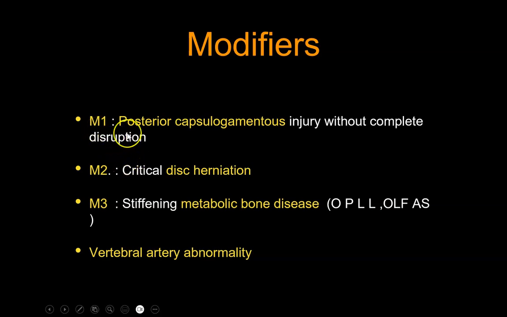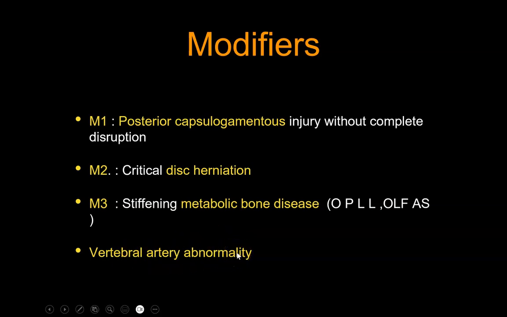If it is associated with critical disc herniation, it is M2. If it is associated with stiffening, metabolic bone disease, like ossification of posterior longitudinal ligament, and vertebral artery abnormality.